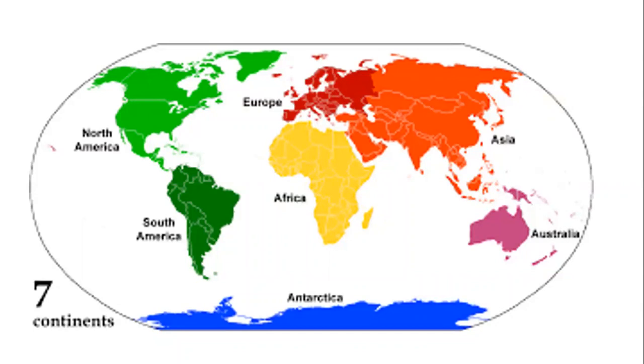So in the given map, you can see Europe, Asia, Africa, Oceania, Antarctica, North America and South America. Students, do you know in which continent we are living? Yes, we are living in Asia. So here is our country's position. We are called Asian.